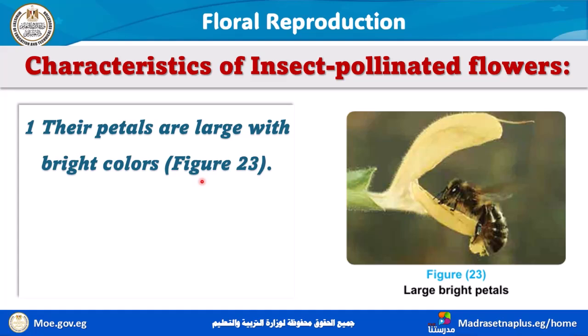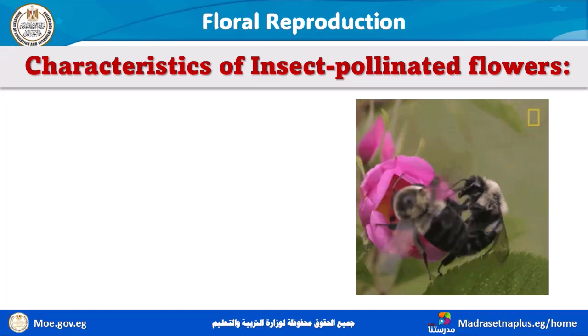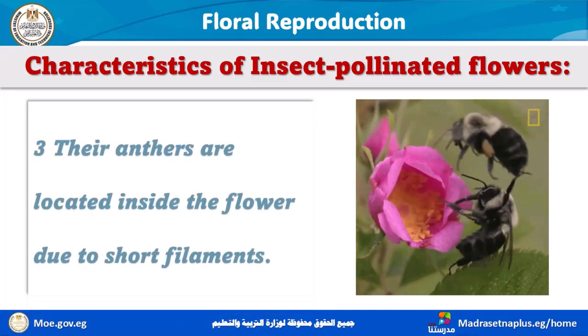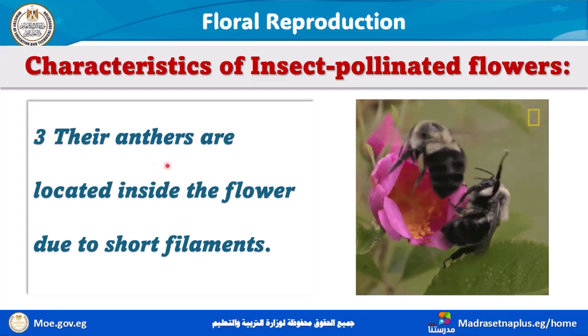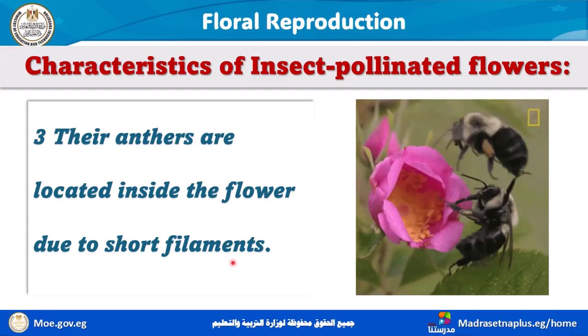The first character, their petals are large with bright colors, as you can see here in figure 23. They have a noticeable scent and secrete nectar to attract insects. Also, their anthers are located inside the flower due to the short filament.